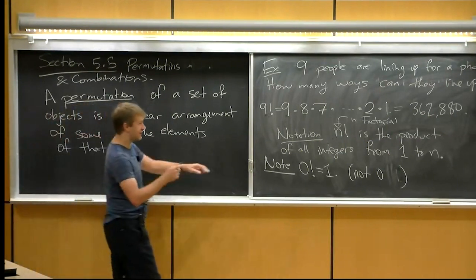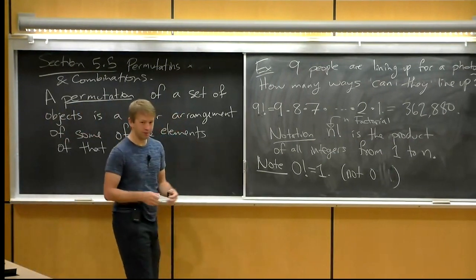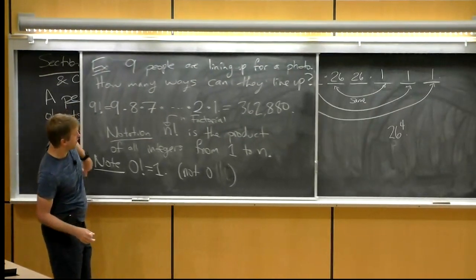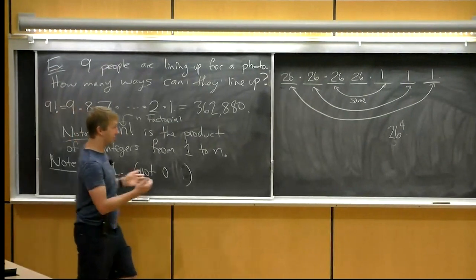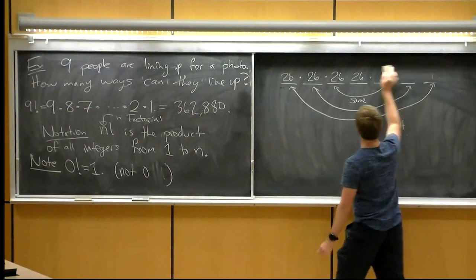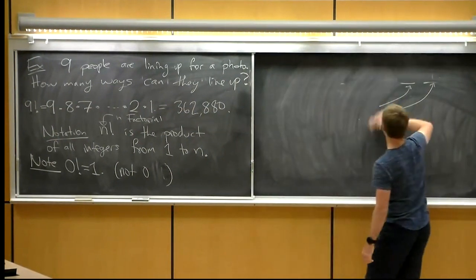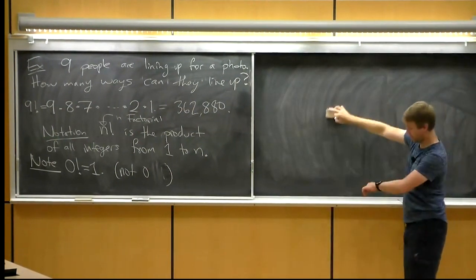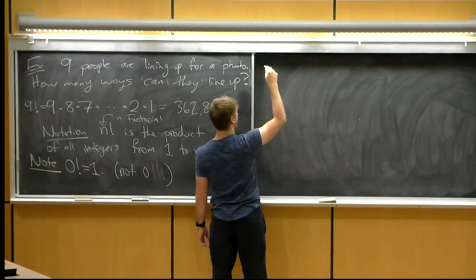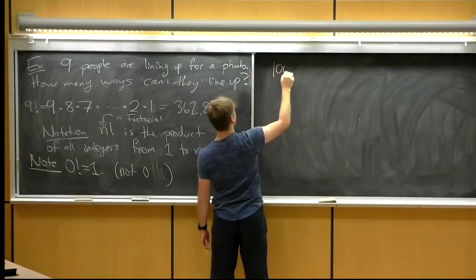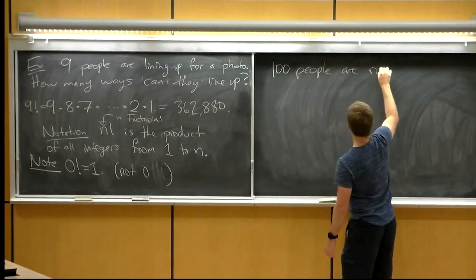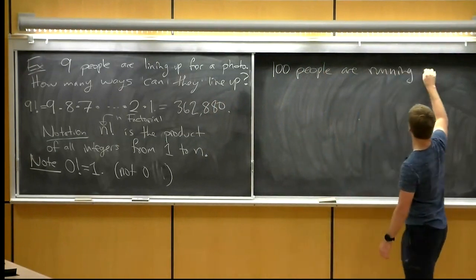Okay, so let's address this question about whether you have to use all the elements in a permutation. Technically, in this definition of permutation, I didn't say you have to use all the elements. So this is kind of similar to the car race question. So 100 people are running a race.